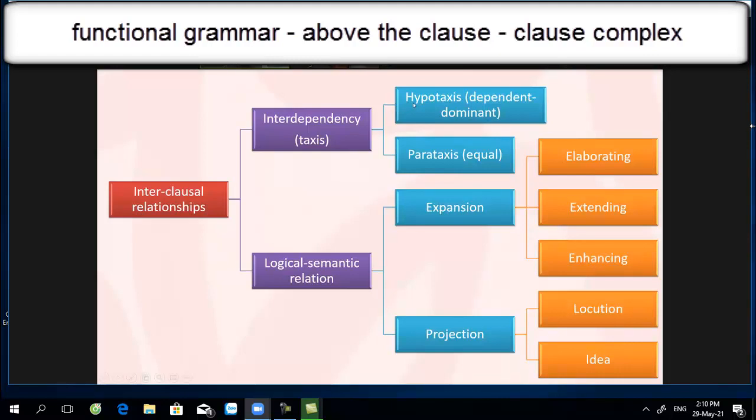Hypertexts refers to the clause complex that has the dependent element and the dominant element. For paratexts, we'll talk about clauses with equal elements. They are free from each other. They don't depend on each other. For logical semantic relation, we have expansion and projection. And this part my friends will tell you more about.